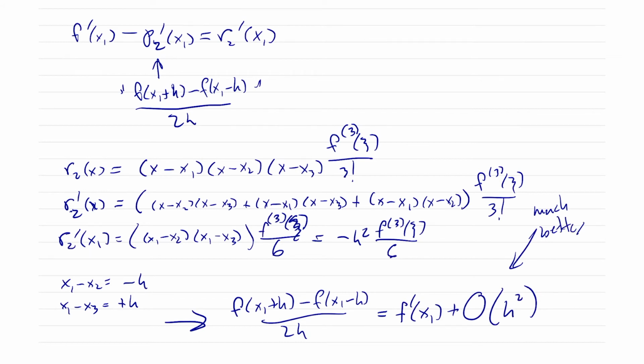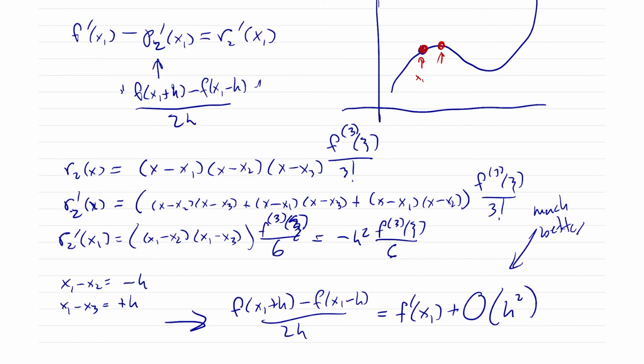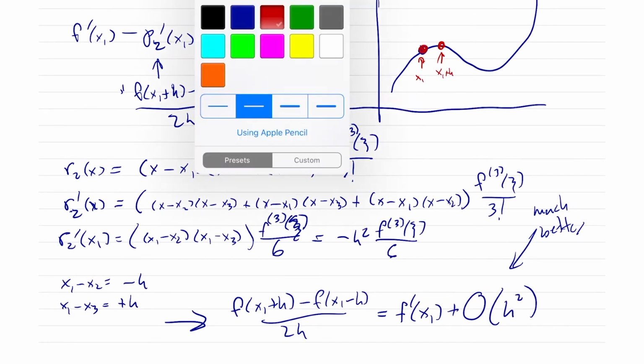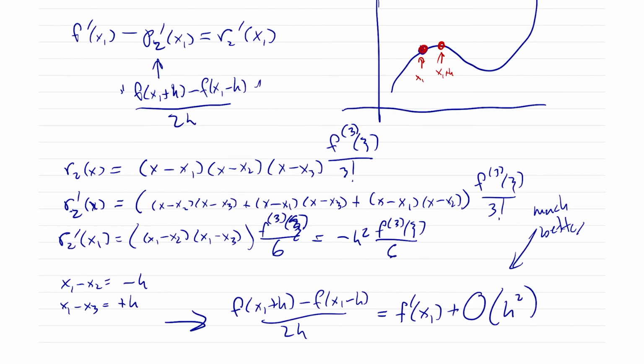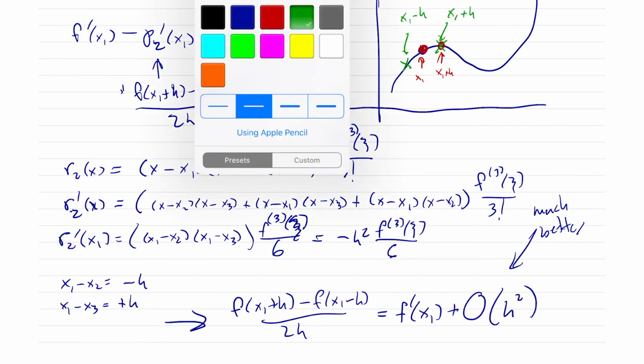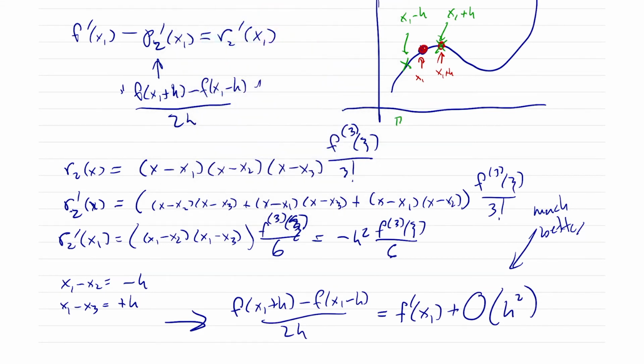So between this one and the last one, basically we're trying to take a derivative at a point, and the previous one used the points x1 and x1 plus h. But it turns out that if you use this point and this point, where this is f(x1 + h) and this one is f(x1 - h), you get better accuracy.